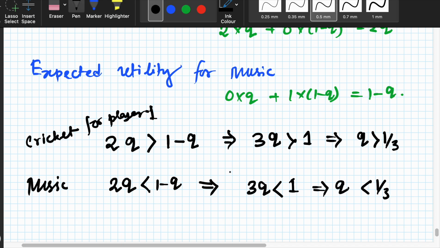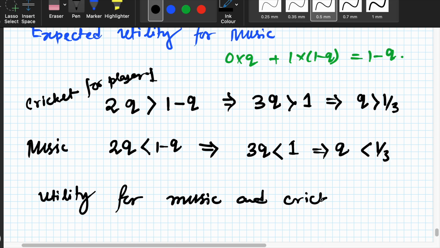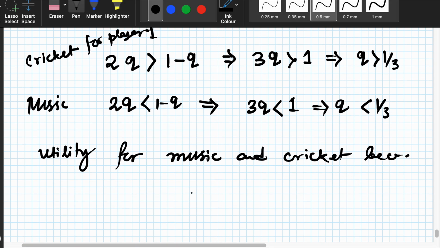Then music will be the best response. And when q becomes 1/3, the utility for music and cricket becomes the same, that is 2q equal to 1 minus q.